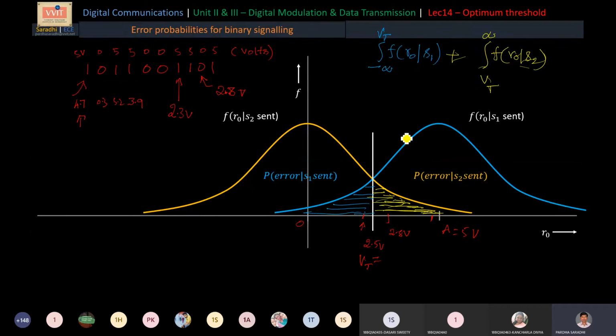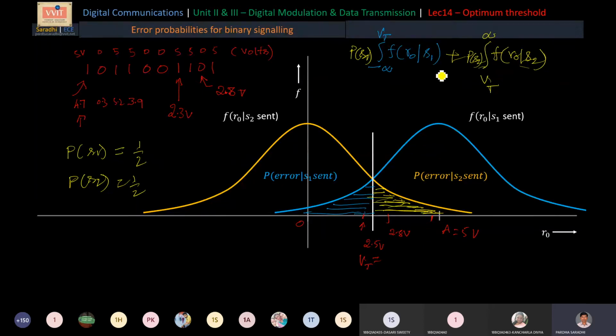Now the question is that we don't know the probability of occurrence of these bits. This is binary data, so the occurrence of S1 and the occurrence of S2 may be quite different, but generally they are considered equally probable, 1 by 2. But in general, S1 has some probability of occurrence and S2 has some probability of occurrence.